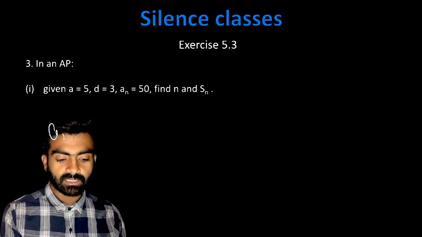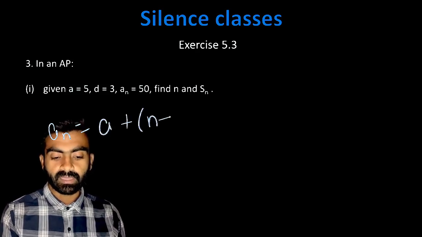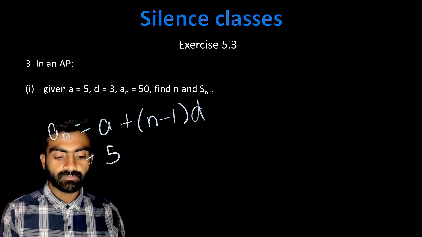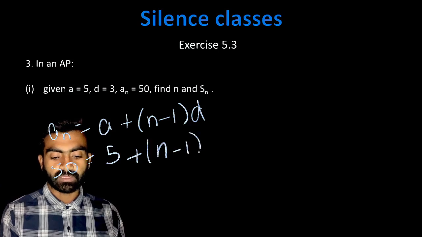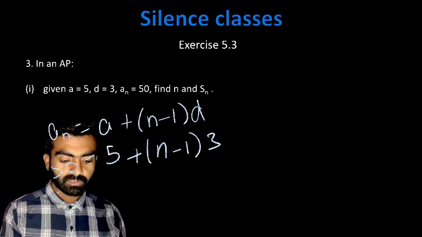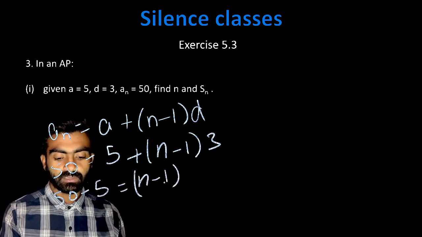So an = a + (n - 1)d. We have a = 5 and an = 50, n we have to find, and d is 3. So we get 50 - 5 = (n - 1) × 3.